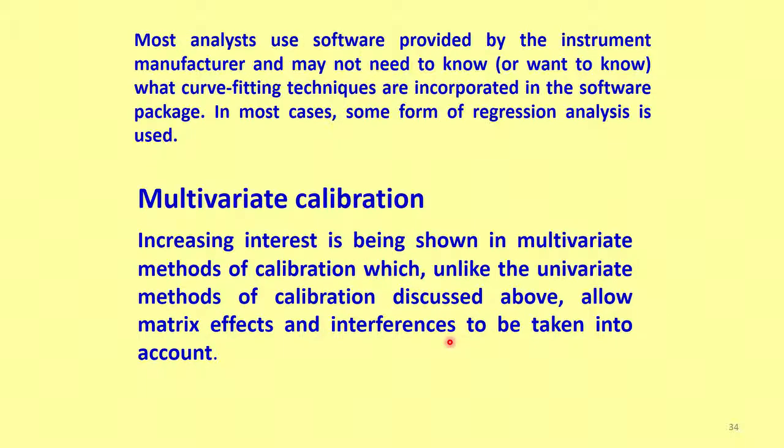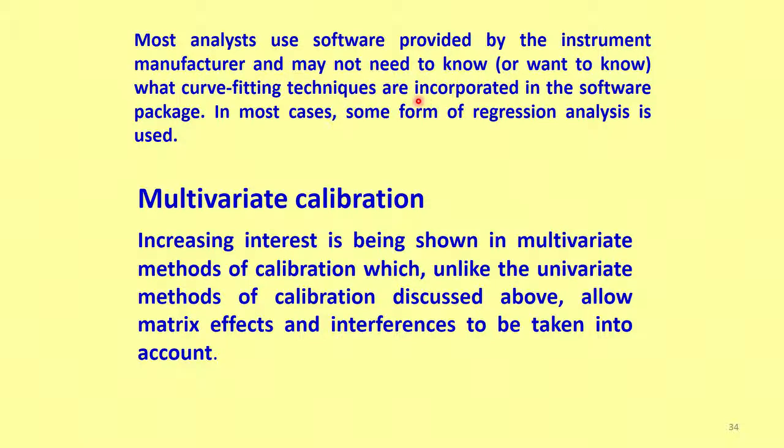So, these are slightly in the higher realms of uses of spectrophotometer, but we can use a higher polynomial, no problem. So, most of the analysts use the software provided by the instrument itself.